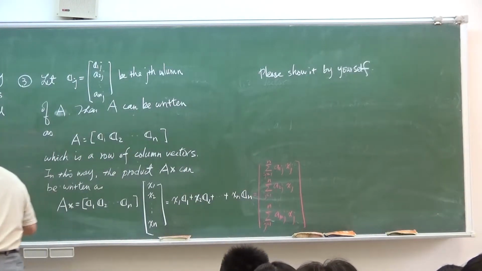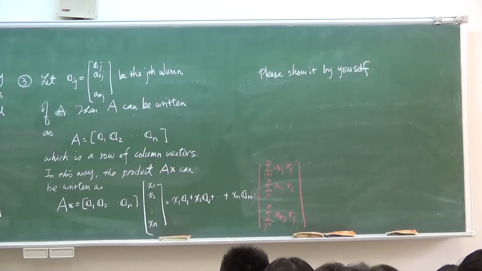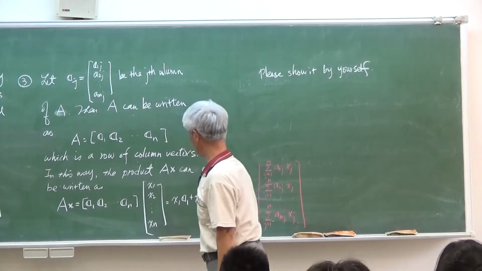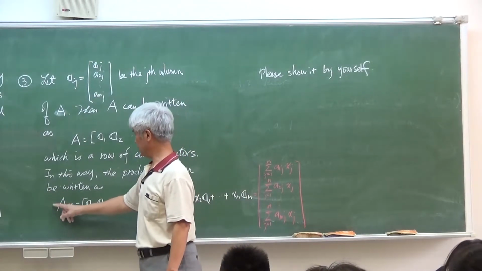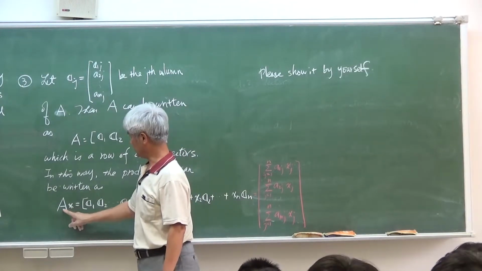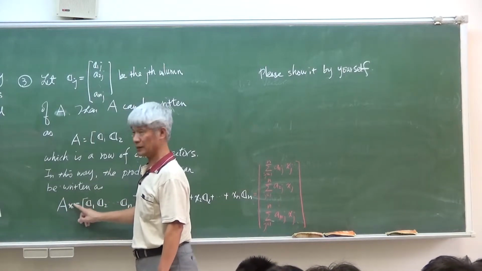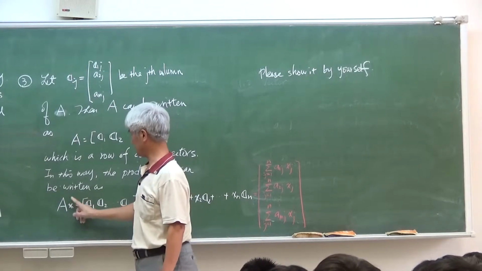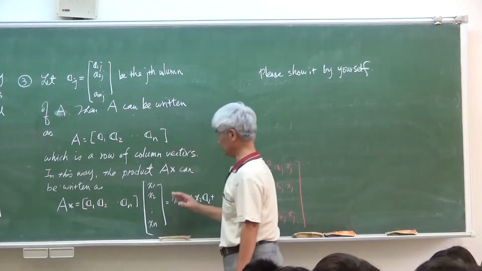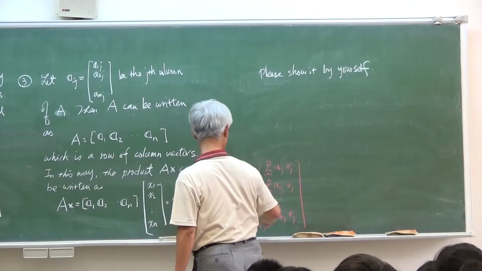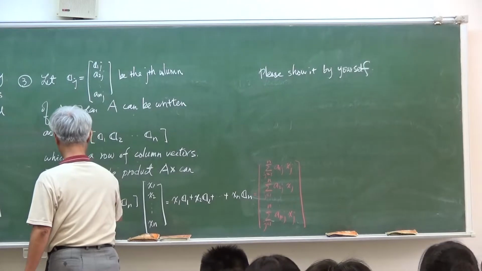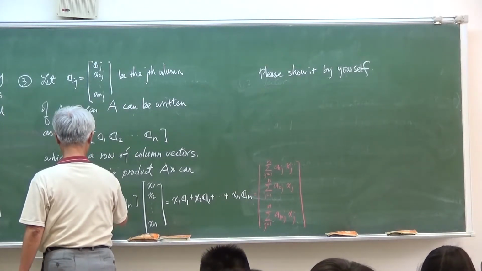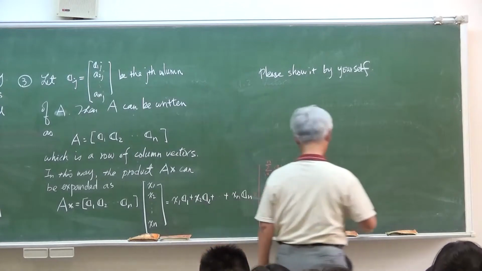In any case, for any matrix with this notation, this is the common practice that we regard. If a multiplication of two matrices is like this, where one is a matrix but the other is a column matrix or column vector, then you can expand it.